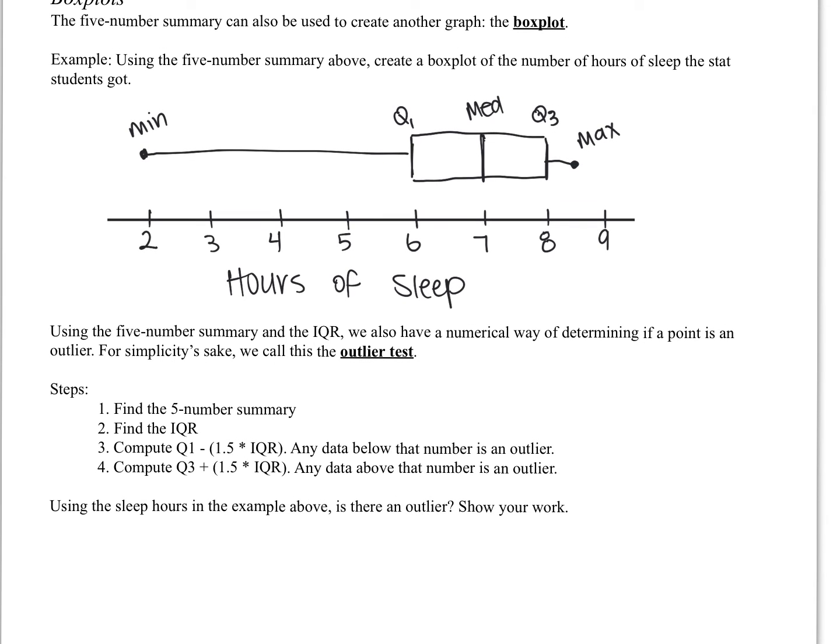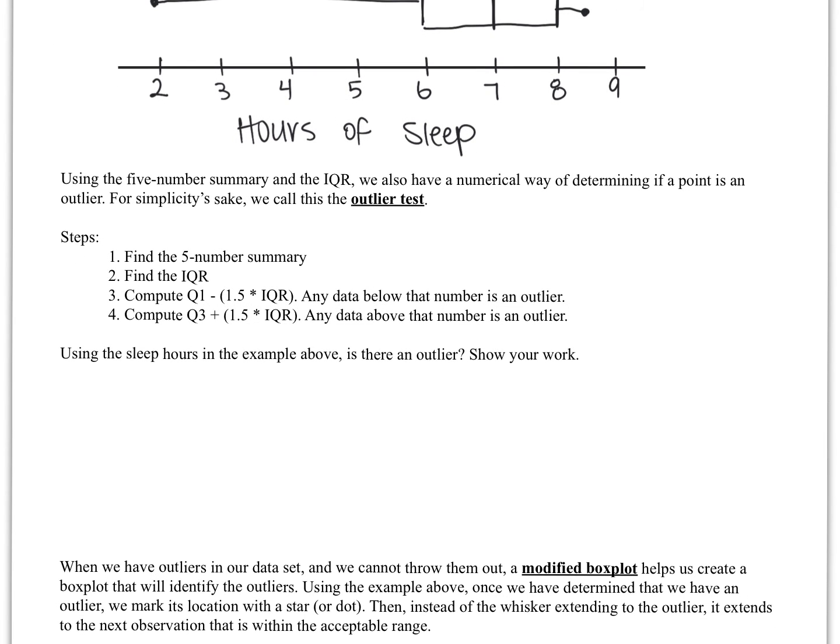First, you do quartile 1 minus 1.5 times the IQR, and any data below that number is an outlier. You then do quartile 3 plus 1.5 times the IQR, and any data above that number is an outlier. So it doesn't really have a fancy mathematical formula either.